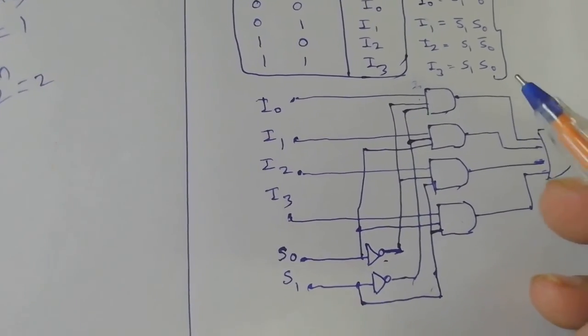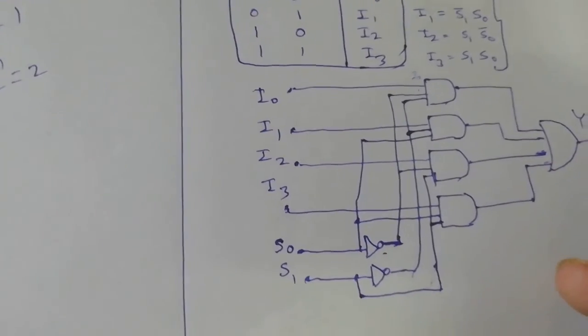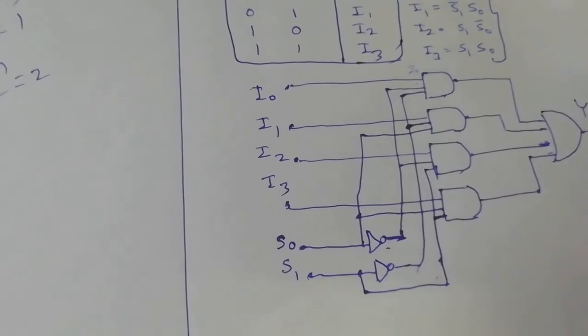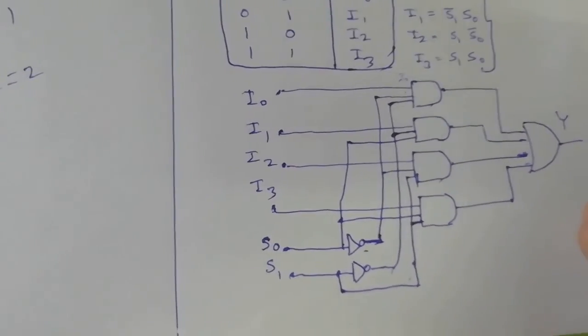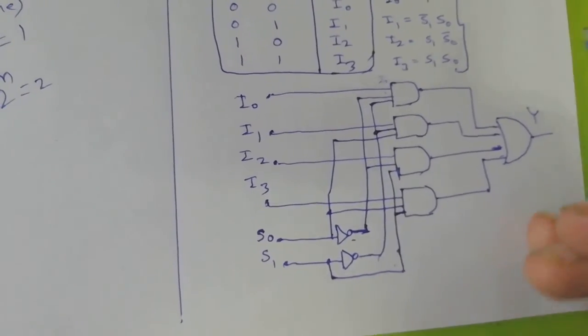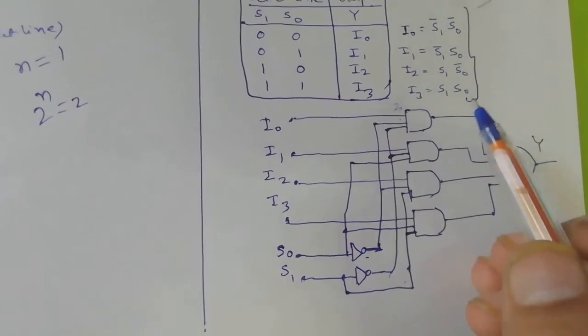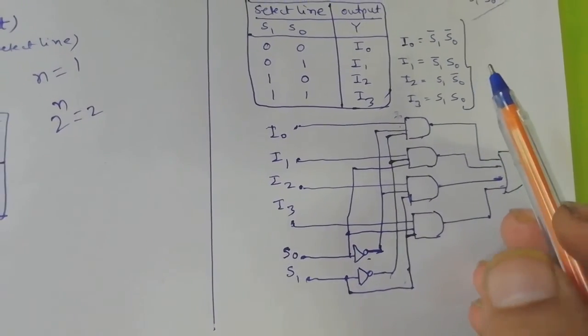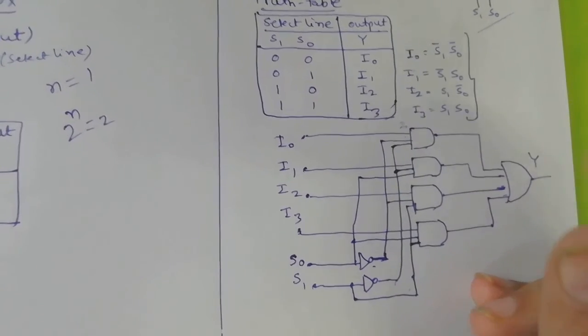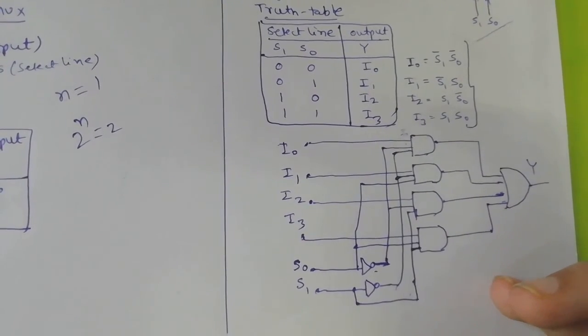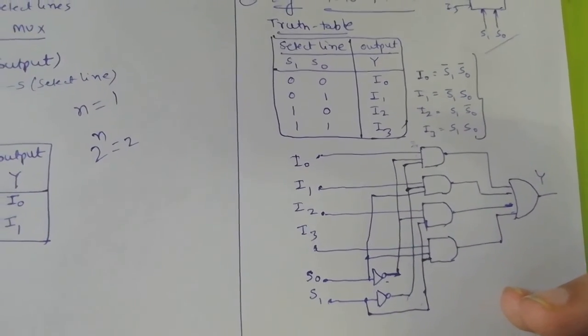And so this is about how the logic circuit is constructed or connected. I suggest you all now to make the logic circuit diagram for the 16:1 multiplexer as an exercise for you.